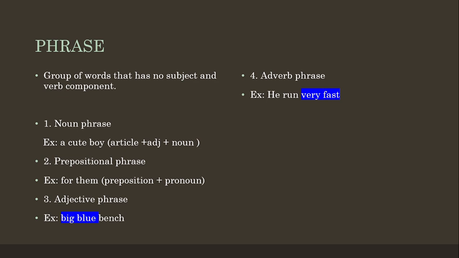To identify whether the phrase is an adverb phrase or not, we can use a WH question. For example, we can use how. How does he run? And then the answer is he ran very fast, and that makes sense. So very fast is the adverb phrase.